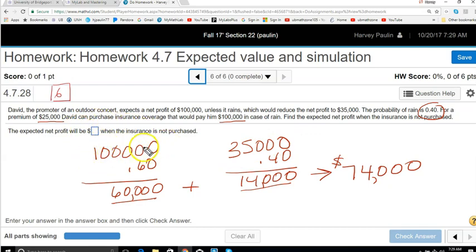So he's going to get 135,000 less 25,000. So he's going to make 110,000. So the good deal, as I see it, is buy the insurance. Okay, now if it doesn't rain, of course, then he only makes 75,000. But it's still better than not buying the insurance.